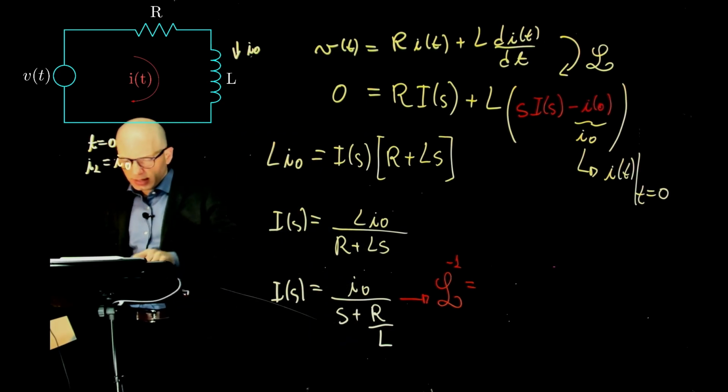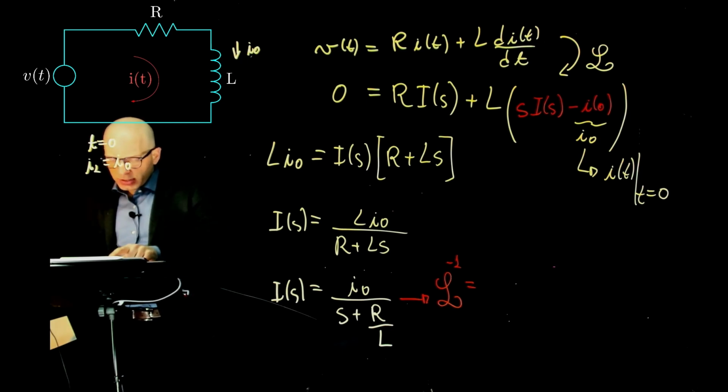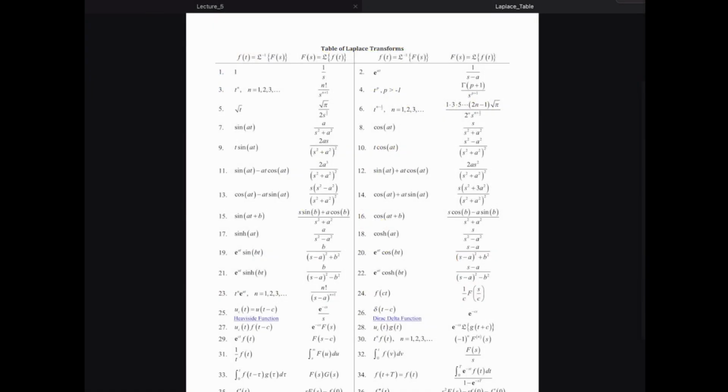Let's go to the table of Laplace transform and see which property in that table we can use to solve for this. Let me just reopen my PDF here because my iPad is acting up. Okay, so let's look at which property we can use in this table.